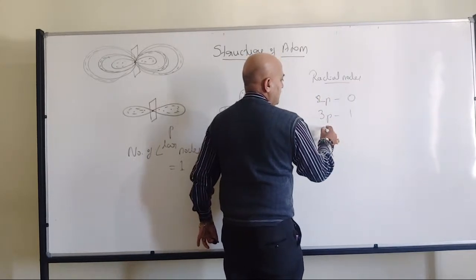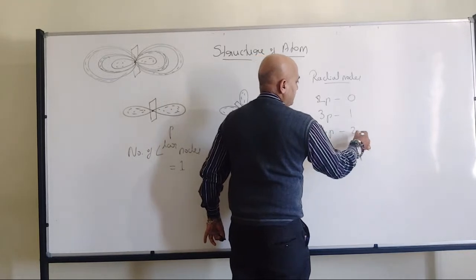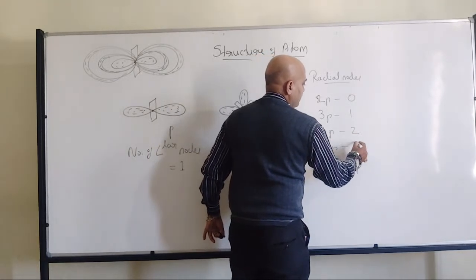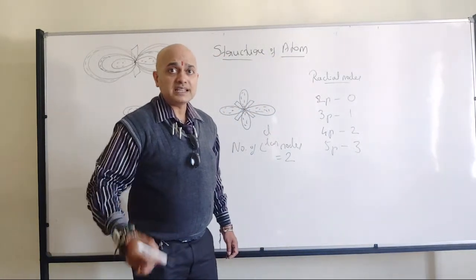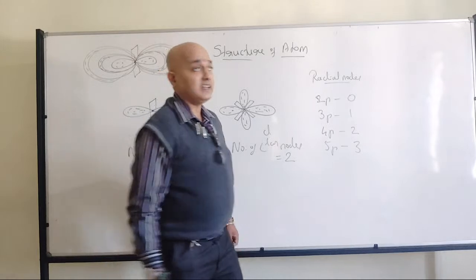For 3p it will become 1. Then 4p it will become 2. 5p it will become 3. Right? So that's how it is getting increased by 1 when it comes to radial nodes.